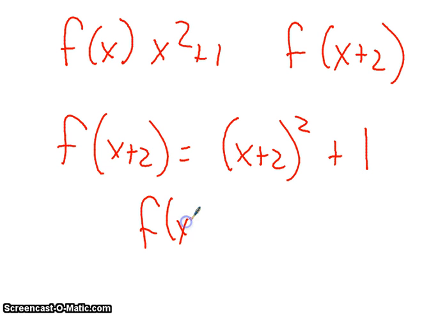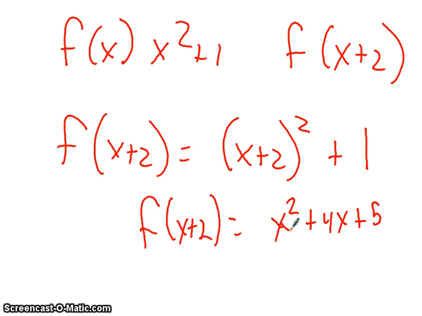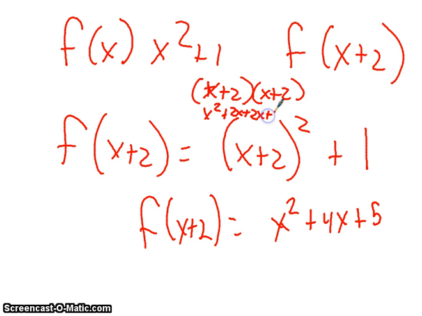So the function of x plus 2 equals x squared plus 4x plus 5. And the reason being is x plus 2 times x plus 2 is x squared plus 2x plus 2x plus 4. And I have to add the 1 into that. That's how I arrived at what I got. Make sure I'm not going too fast.